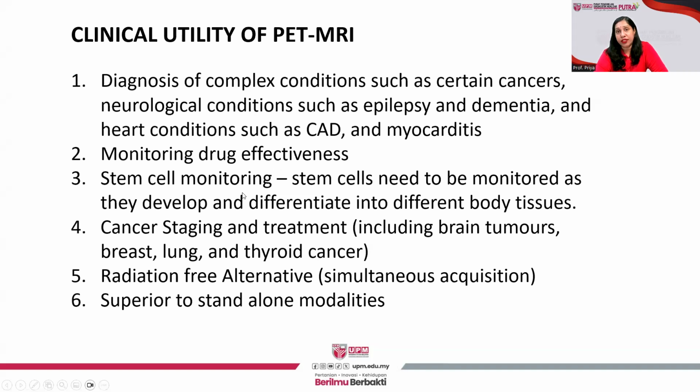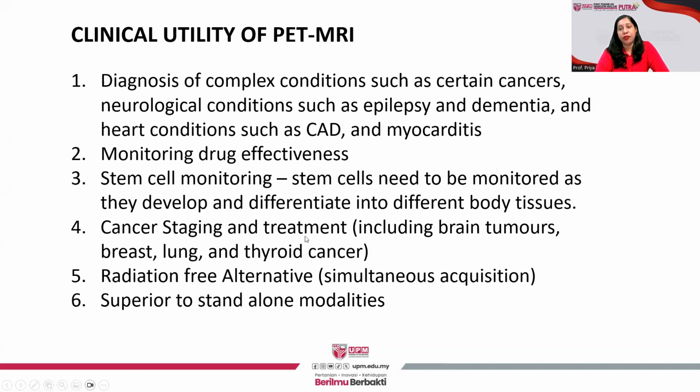Stem cell monitoring is another upcoming necessity, for stem cells need to be monitored as they develop and differentiate into different body tissues and is best monitored using MRI. Therefore, PET-MR can detect early functional changes that occur during stem cell therapy.